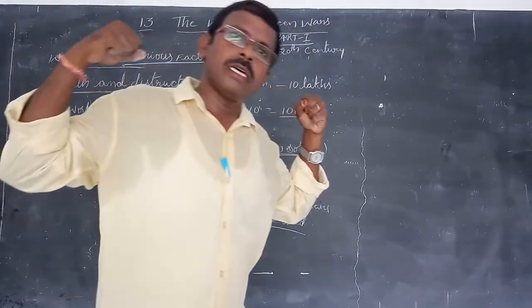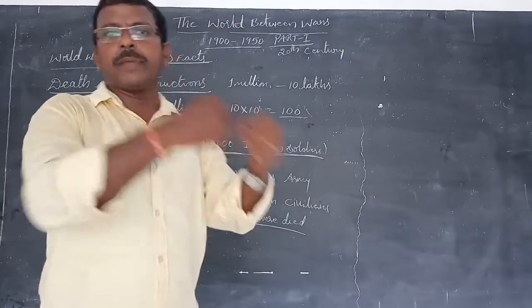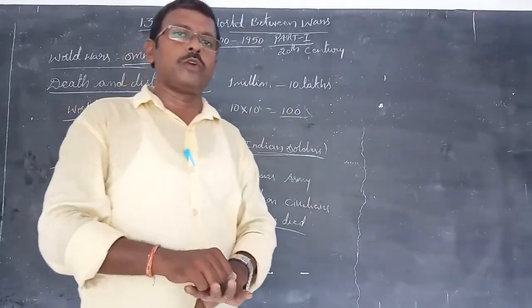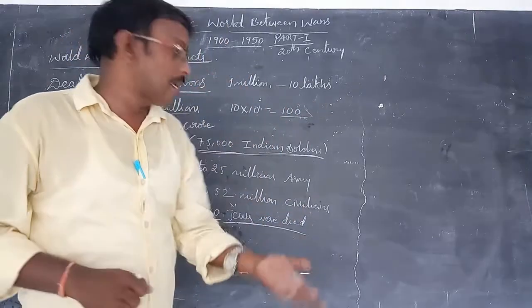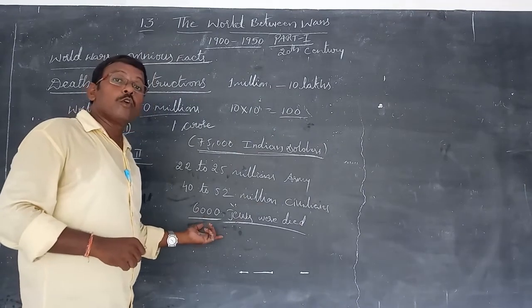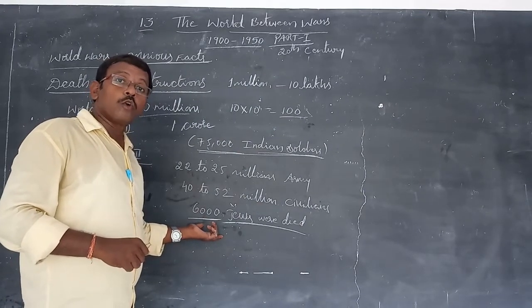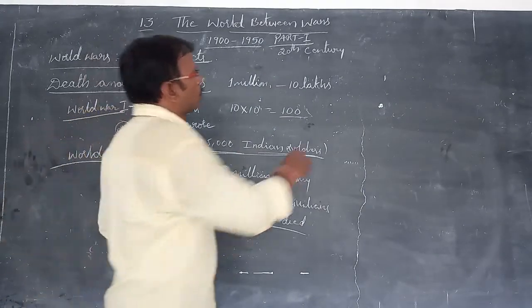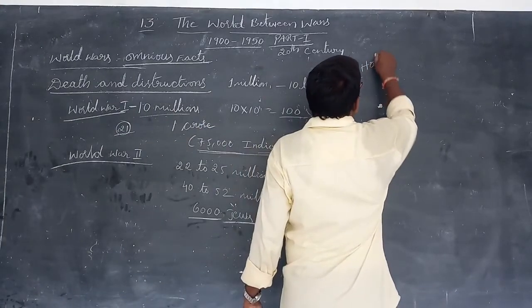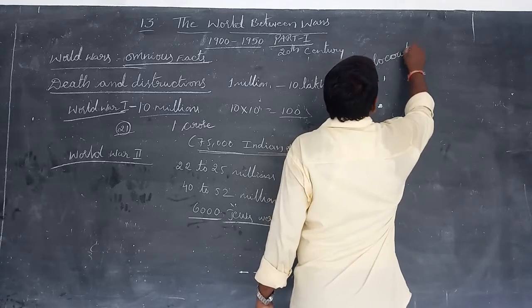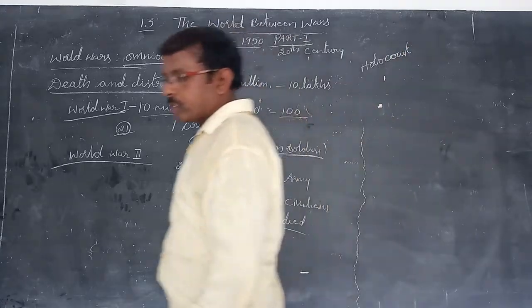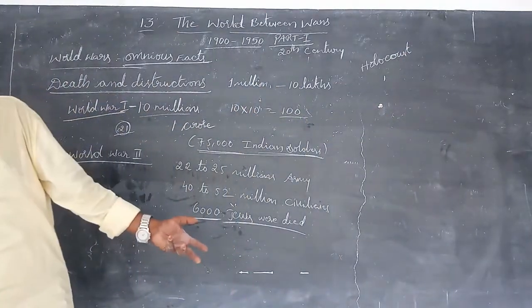All the people are kept in that room and they totally close the door. By breathing problems, so many people died like that. 6,000 people died by the Holocaust. Nearly such people died.